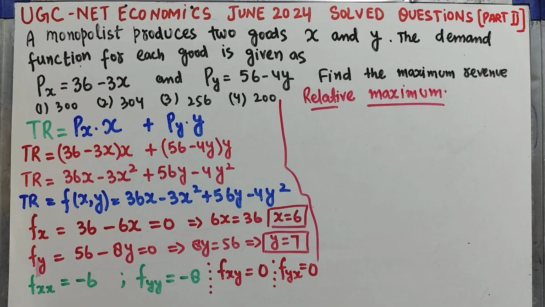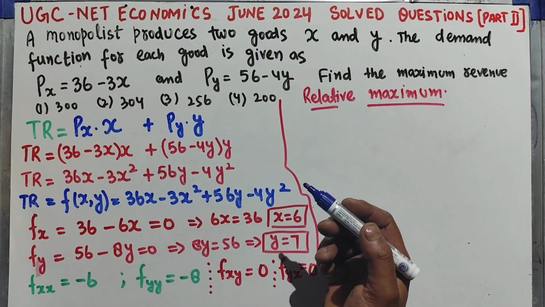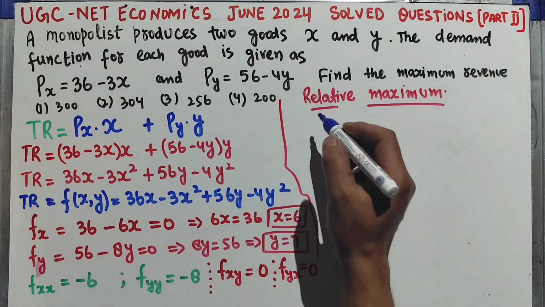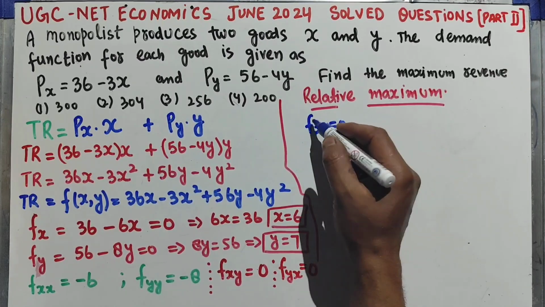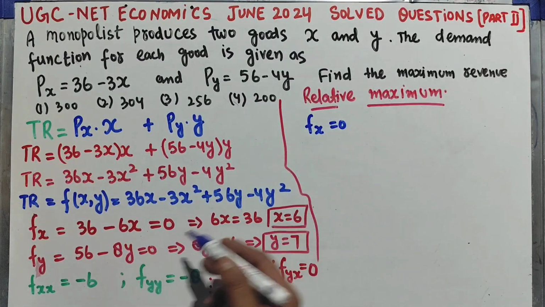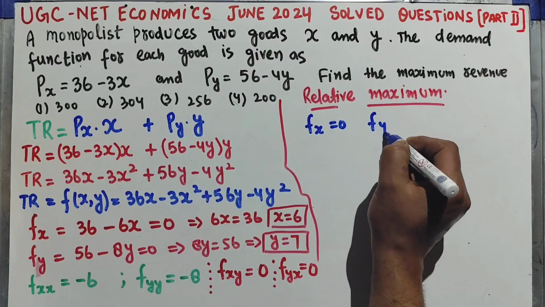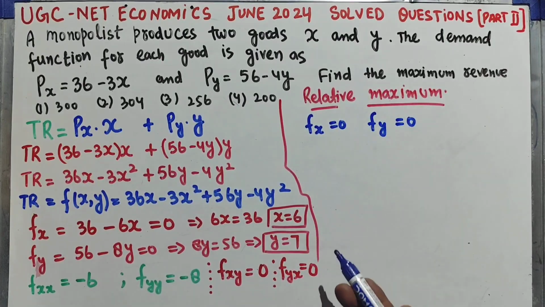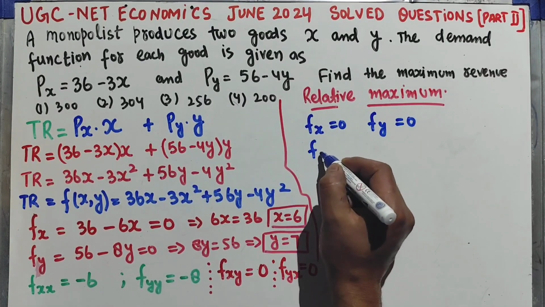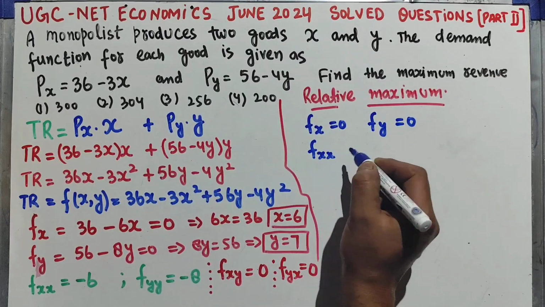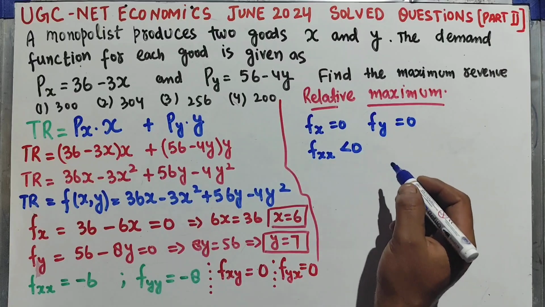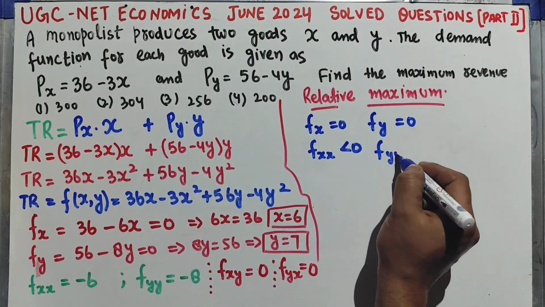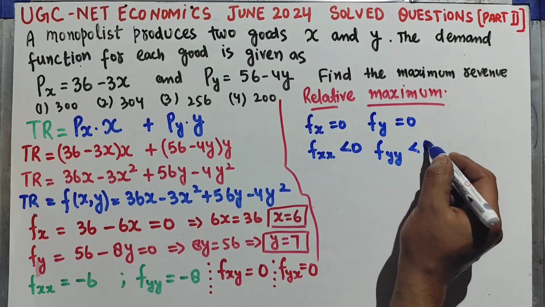So the first condition, for relative maxima, is that the first derivatives should be equal to 0: f subscript x we set equal to 0, f subscript y we set equal to 0. The second partials, f xx and f yy, should both be less than 0.